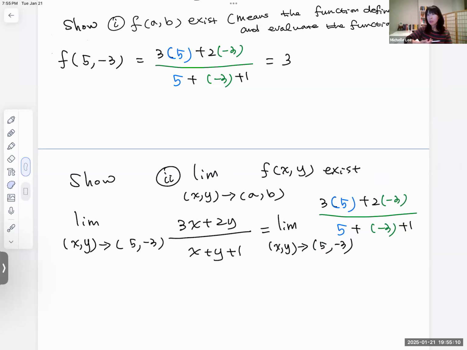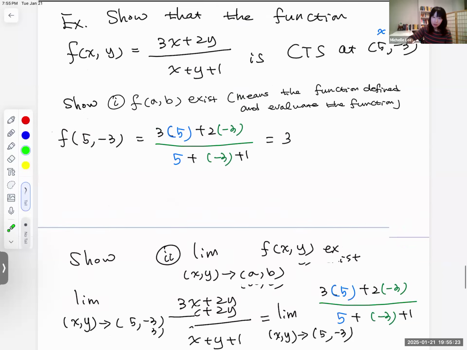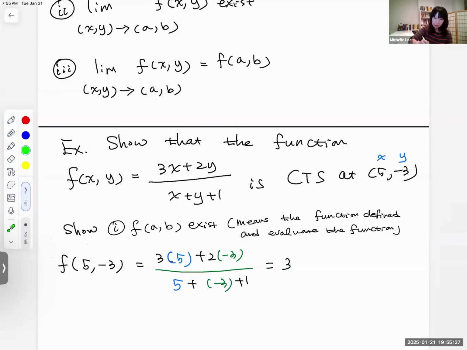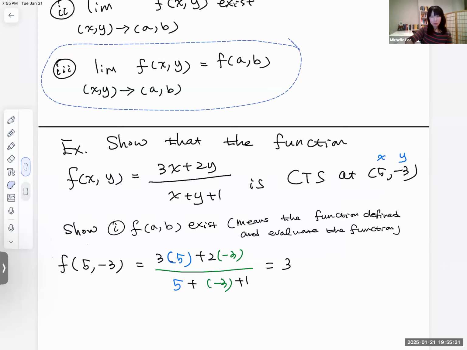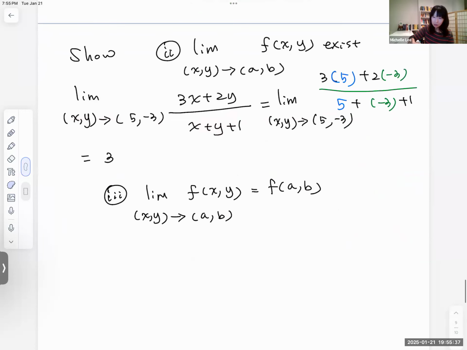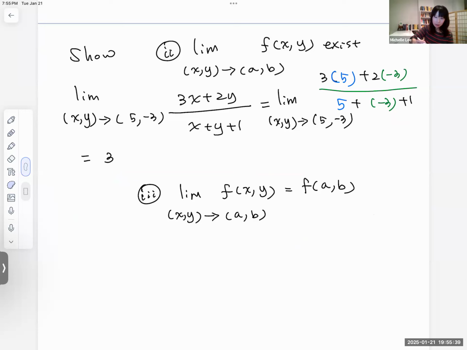Yeah, it's the same. We get 3. Okay, look, the third one: the limit exists and the function is defined, then their values are the same. There we go.